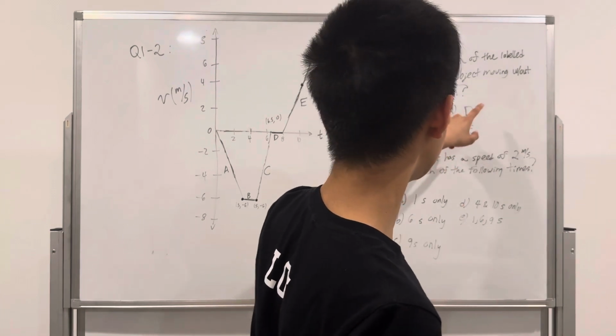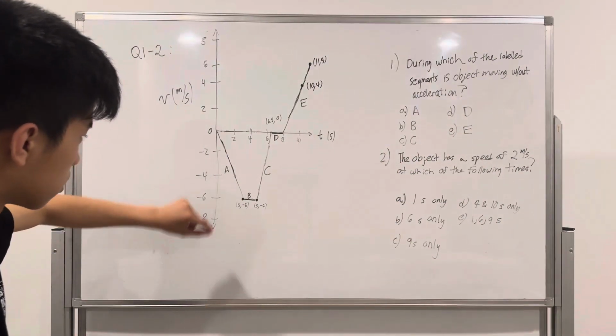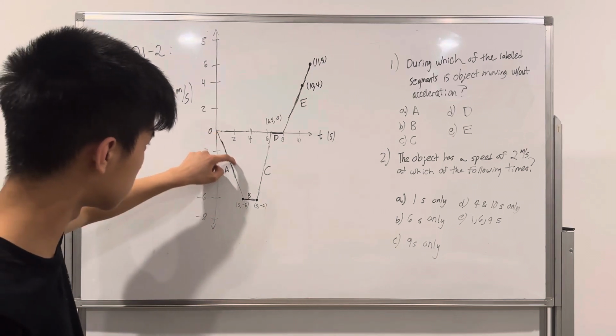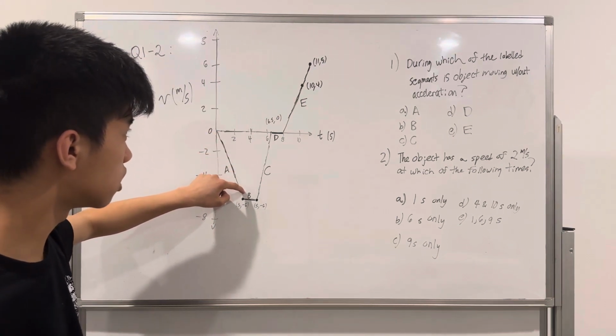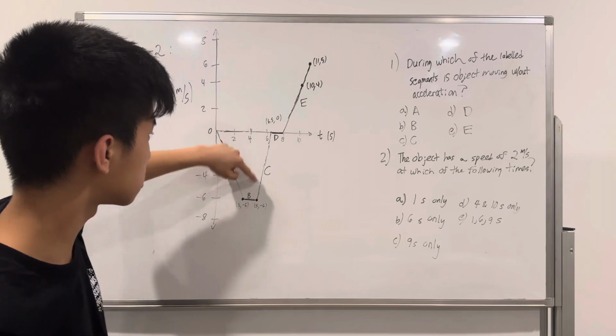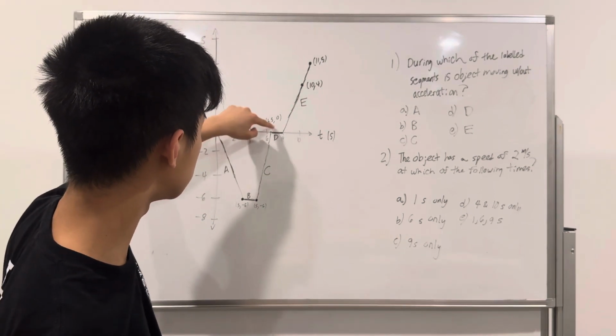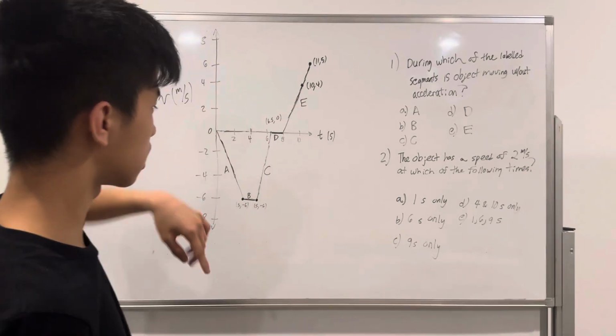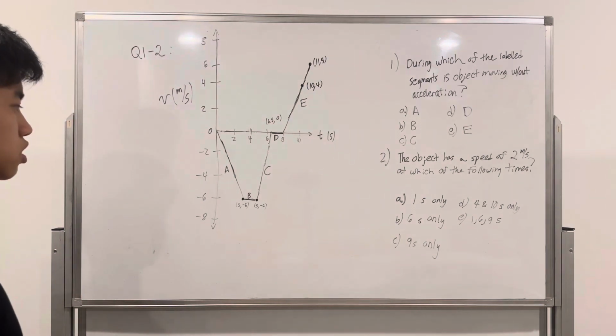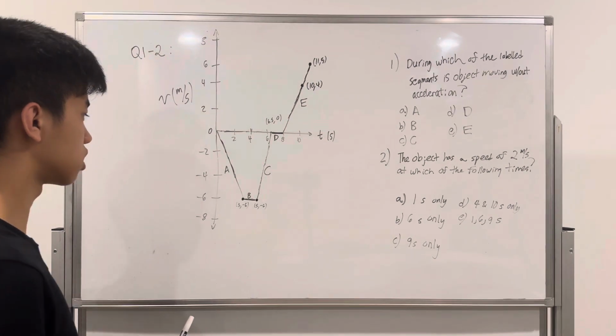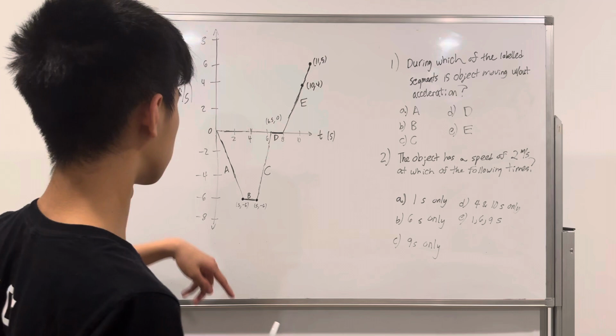A, B, C, D, or E? Segment A is going down, segment B is the flat part, segment C is going up, D is here, E is here. I'm not a very good artist, so this isn't a very good diagram, but I think you can understand what's going on here.